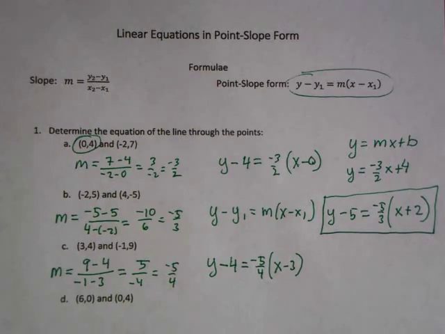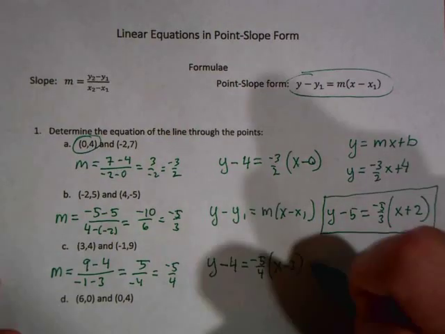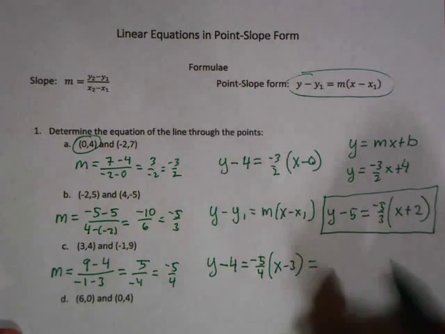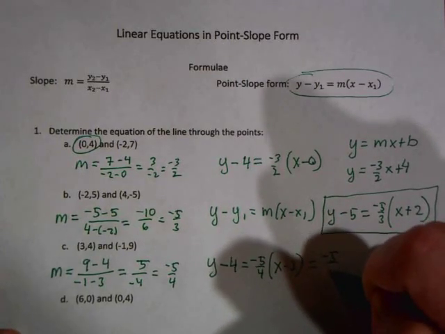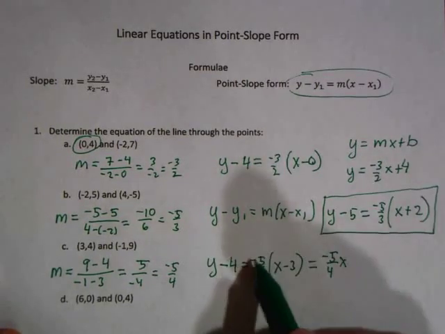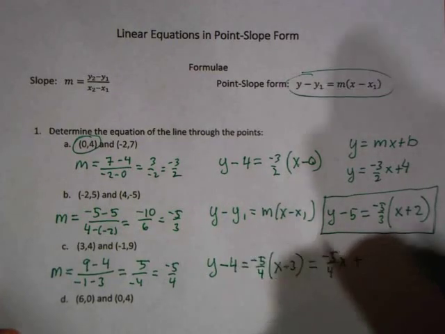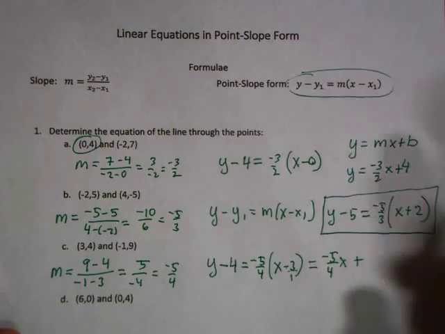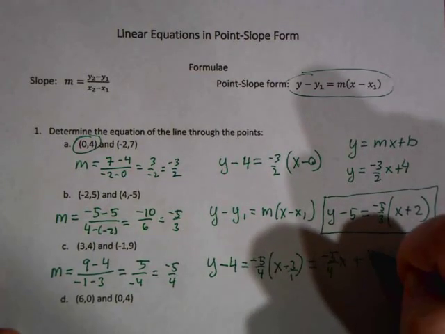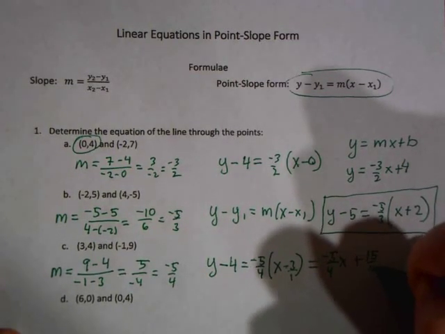Now, what I want to show you is that we really do have the same answer we got last time. We just have it written in a different form. What I could do here is distribute this minus 5/4 through, and I would have minus 5/4 x, and then minus and a minus is going to be a plus, and I think of 3 as 3 over 1, and I multiply tops, multiply bottoms. That's 15/4.